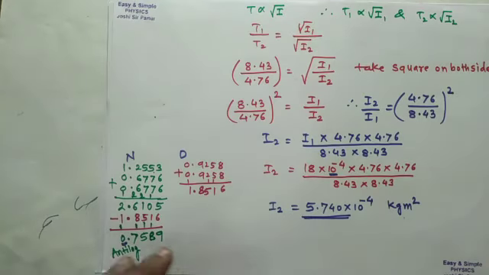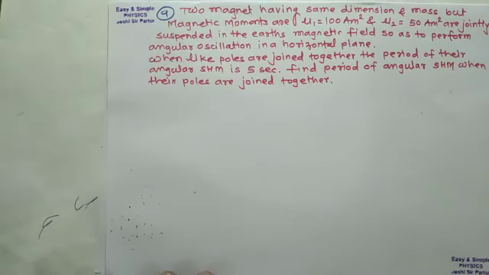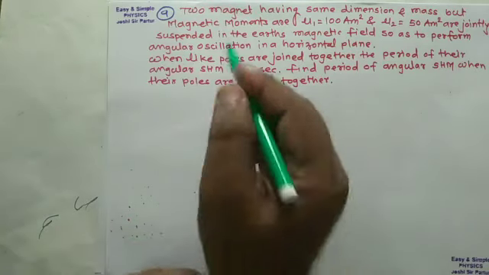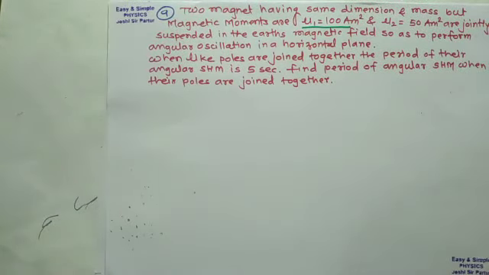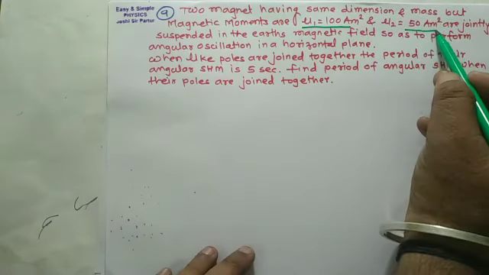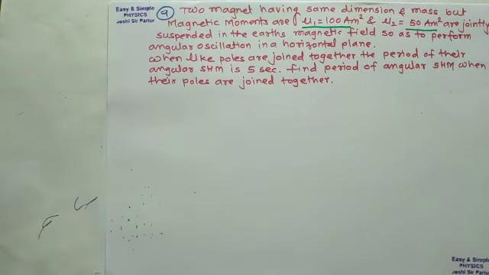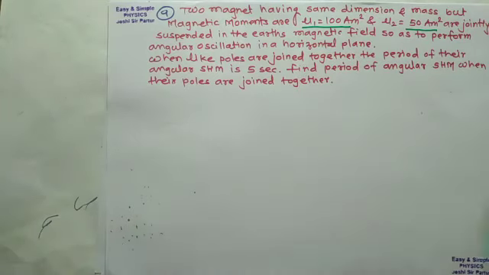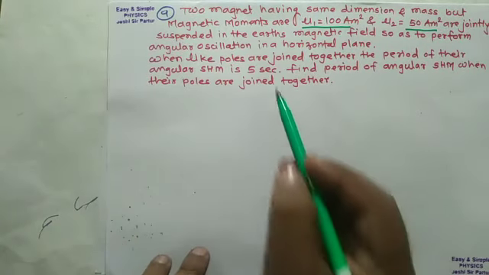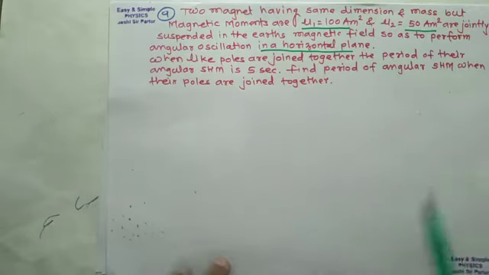Again we can solve the 9th example, that is two magnets. These two magnets having the same dimension, same mass, but magnetic moments are 100 ampere meter square and mu2 50 ampere meter square, are jointly suspended in the Earth's magnetic field so as to perform angular oscillation in horizontal plane.